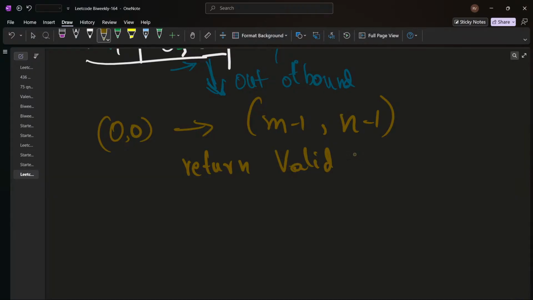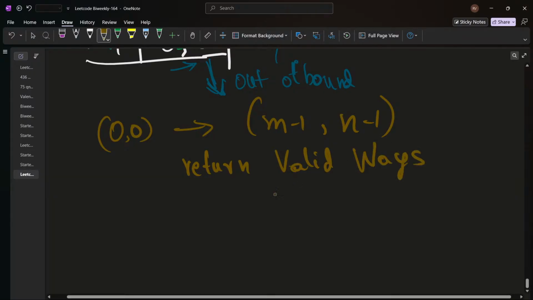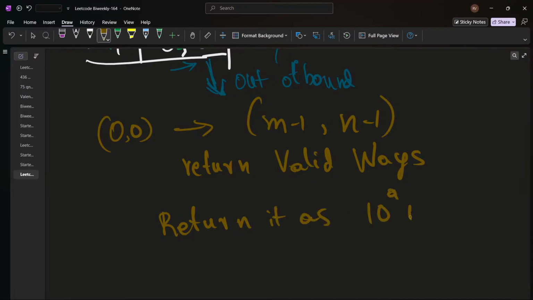This can have many ways, so what we'll do is return it modulo 10^9 + 7. Modulo, which is basically answer modulus of this number. It's a very large prime number which we'll be using. You all know it.